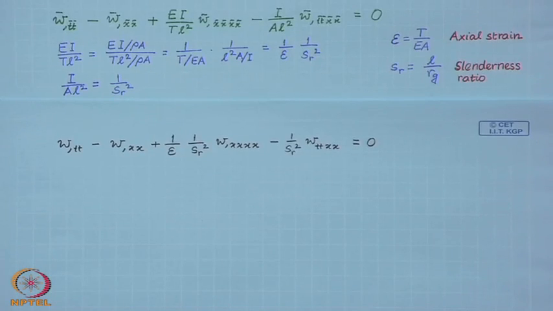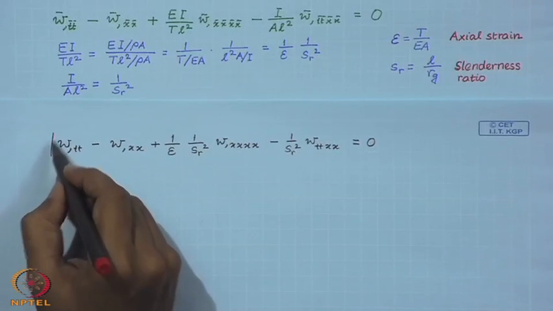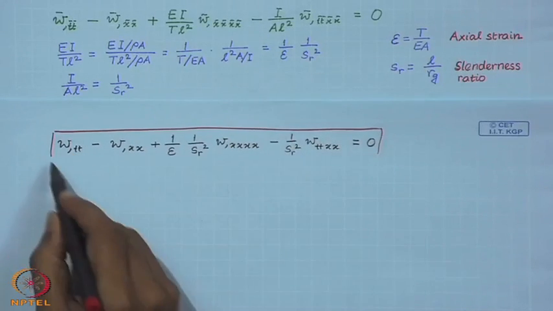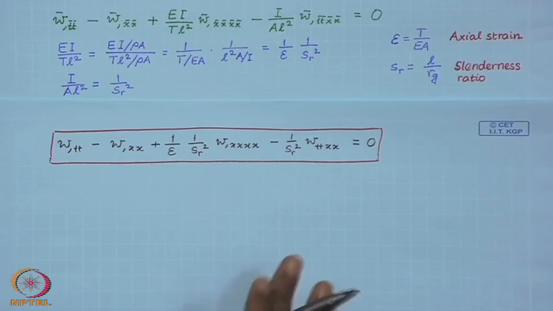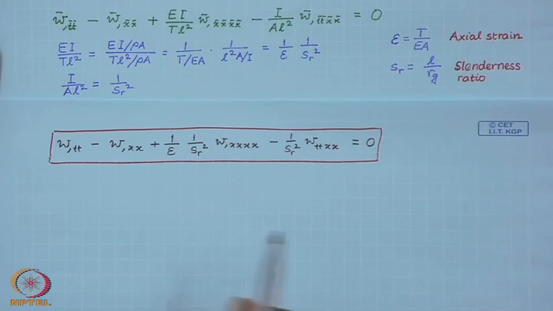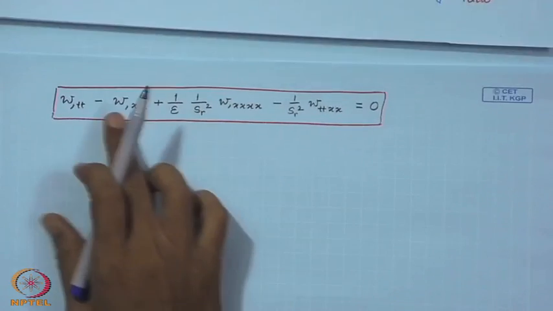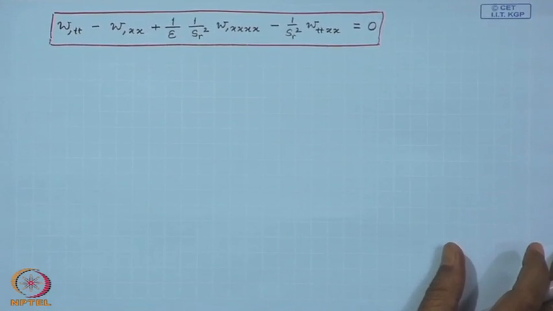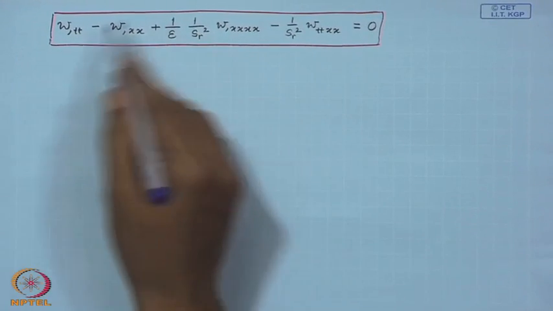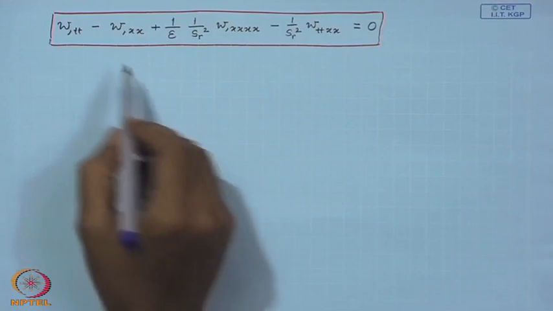So, this is our equation in non-dimensional form, and the parameters and the coefficients are defined in a very special way. Here I have of course dropped the tilde symbol for simplicity. Now, let us look at these terms.